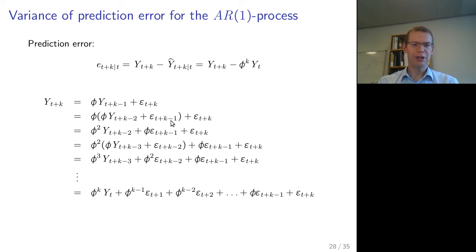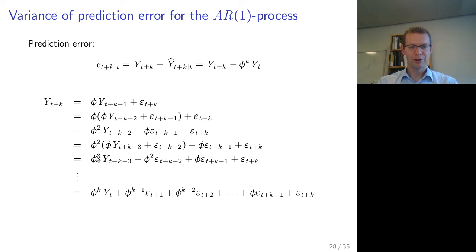And if we repeat, and then multiply in here, we get phi squared y_{t+k-2}, plus then comes a phi on the epsilon_{t+k-1}, and we have to keep the epsilon_{t+k} as well. And we can repeat doing this for y_{t+k-2}, insert it like this, multiply in, and then we get something with phi to the third power on the y_{t+k-3}.